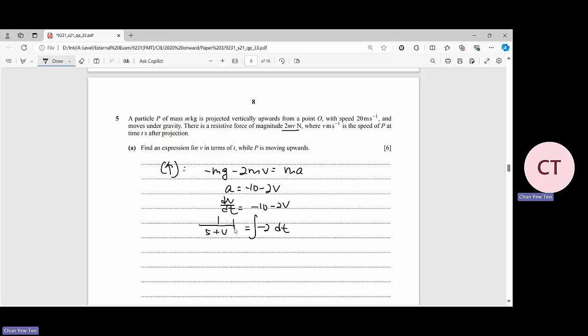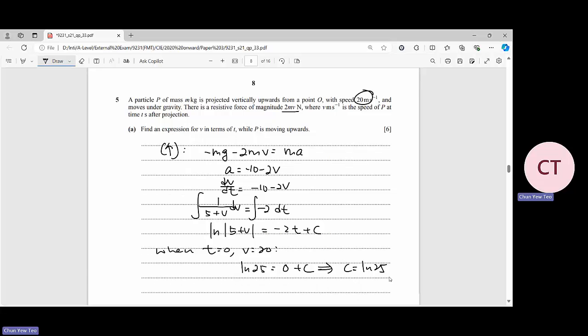So your dv/dt, I bring the negative 2 out, so it will be 5 plus v. If you integrate it, it will be ln of modulus 5 plus v equal to negative 2t plus c. When t is equal to 0, they say that your v is 20. So it will be ln 25 equal to 0 plus c, so c is ln 25.